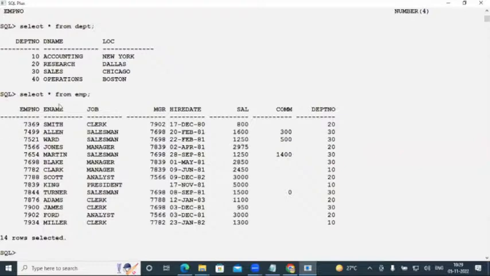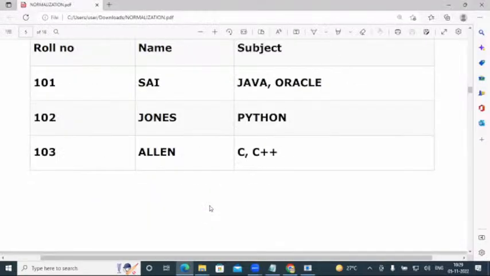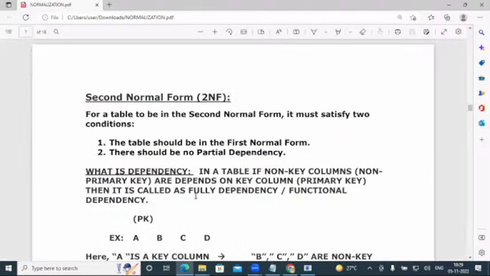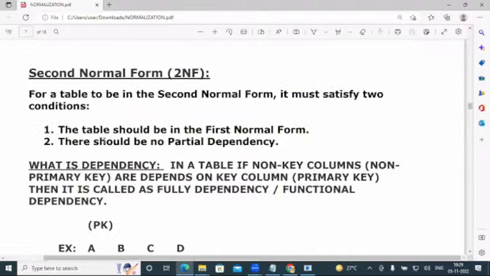Right. And come to the second one. What is my second one here? Observe. Second normalization form, carefully see. For a table to be in the second normal form, it must satisfy 2 conditions. How many conditions? 2 conditions. The first one is that the table should be in the first normal form, which means all 4 conditions should be satisfied.